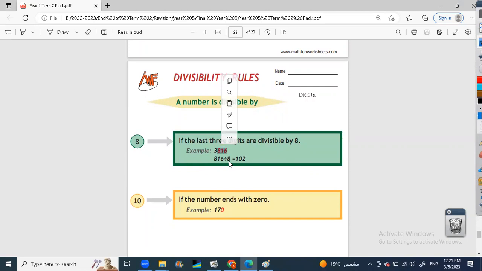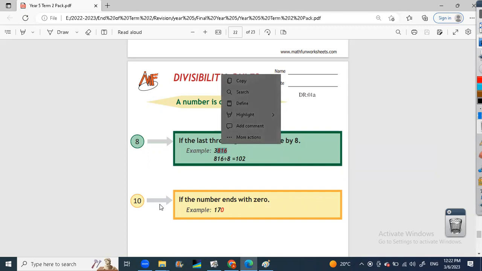Divided by 8 using long division. We learned this. Okay, so 816 divided by 8 gave me 102. There is no remainder, Mister. So it is divisible by 8. So to know if it's divisible by 8 or not, check the last 3 digits. Divide them by 8. If they are divisible by 8, then the whole number is divisible by 8.